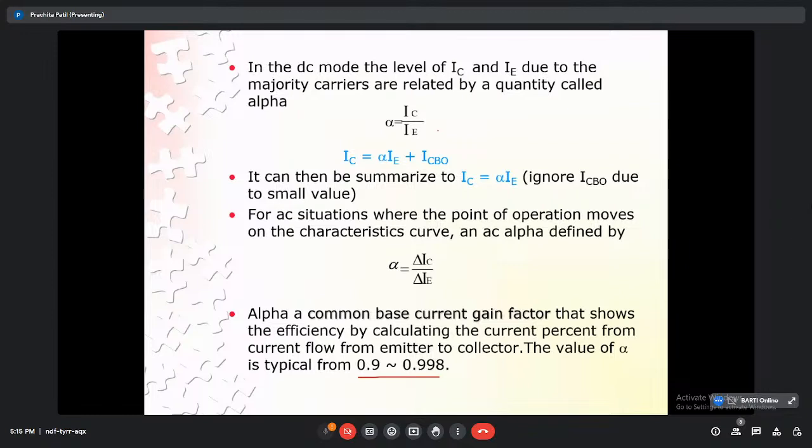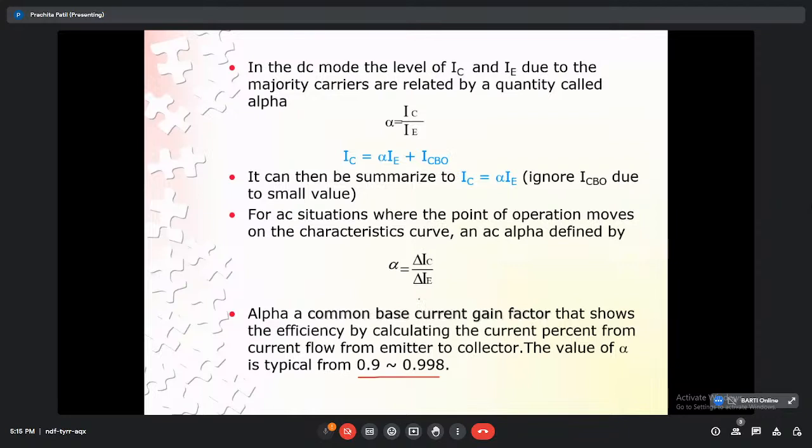It is simply collector current upon emitter current, and IC is equal to alpha IE plus ICBO, which can be summarized to IC equal to alpha IE. So ignore ICBO due to its small value. And for AC situations, where the point of operation moves on the characteristics curve, the AC alpha is defined as the delta change in collector current with the change in emitter current.